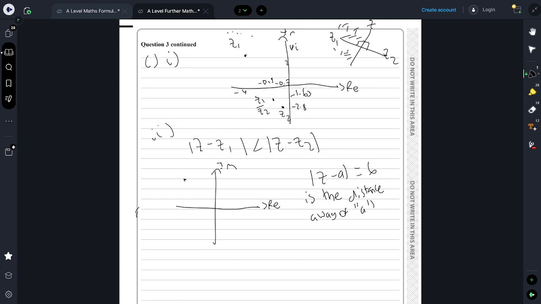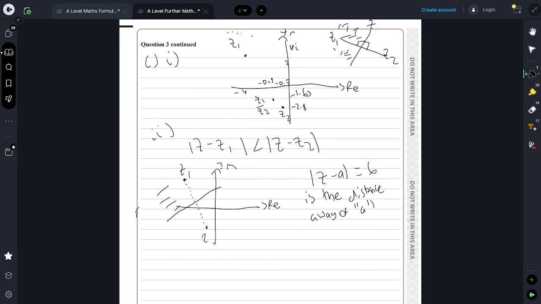Z1's over here, right? Z2 is about here. Now Z2 is closer to the axis than Z1, so when we draw the line that connects them, the perpendicular bisector is actually not going to look like that. Sorry, it's going to go over here, so it's going to cross the line in this quadrant here. So it's not going to cross the axis. It's going to be here.